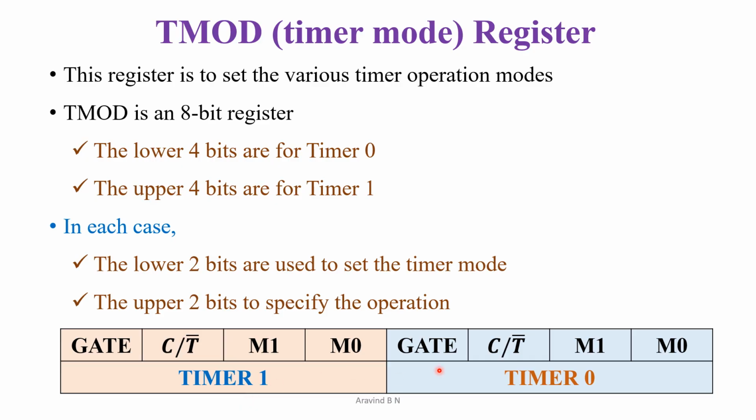As we can observe, the category of these 4 bits is replicated for timer 0 as well as timer 1, but based on the bit position it is applicable to timer 0 or timer 1. With respect to operation, there is no variation between the bits.